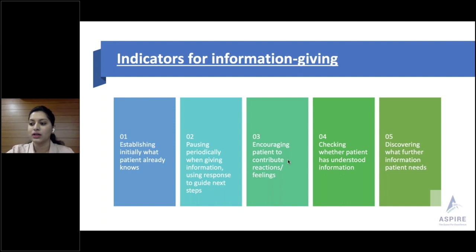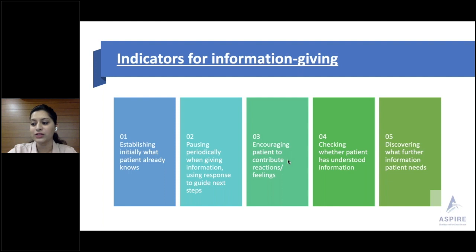This is a very important step, ensuring accuracy of information transfer. This can be done by asking, does that make sense, or do you follow? Although many patients will say yes when they mean no to avoid looking stupid, just make sure that they have clearly understood you.